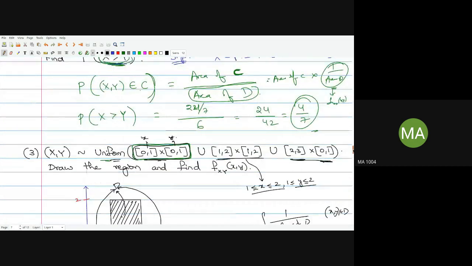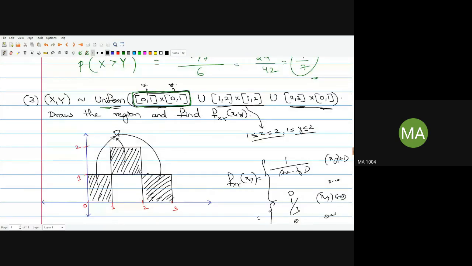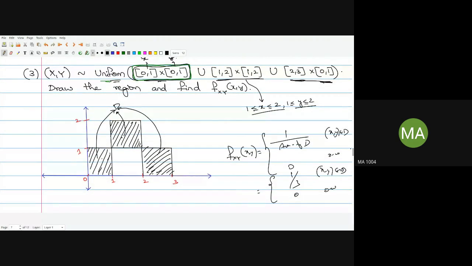Now if I want to find the probability that x is greater than y, how will I do it? What is the probability that x is greater than y?